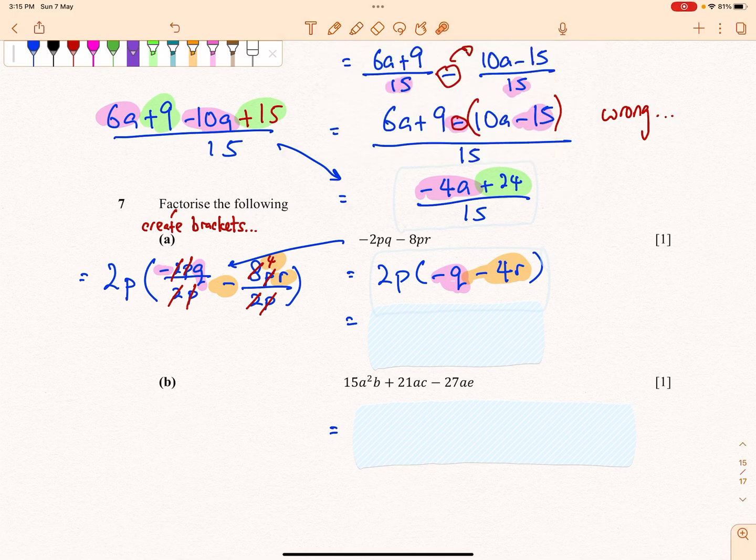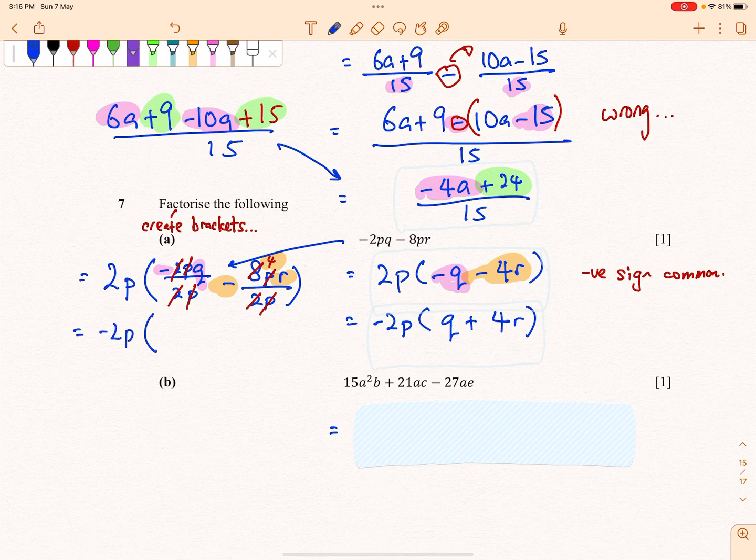Then you may be wondering, why is there another answer here, right? So if I look at this, do you see that the negative sign is common? It's common because every term has a negative sign, which means I can take out the negative sign again, and what I will do is I will divide every term by negative 1. So in working, this is how it looks like.